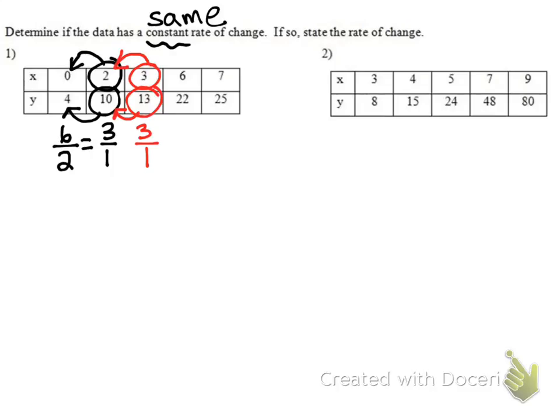So let's keep going. What is 22 minus 13? You guys have calculators. What's 22 minus 13? 9. Good. And what is 6 minus 3? 3. And 9 over 3 reduces to 3 over 1.